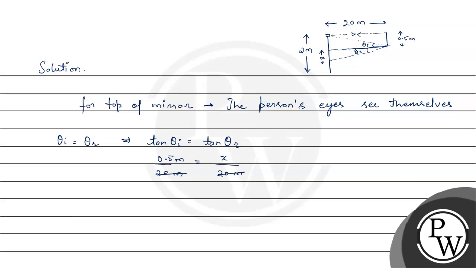From here we can see that x comes out to be equal to 0.5 meters, and the part of himself which he can see is this part. So it will be equal to 0.5 plus x. So 0.5 plus x comes out to be equal to 1 meter.